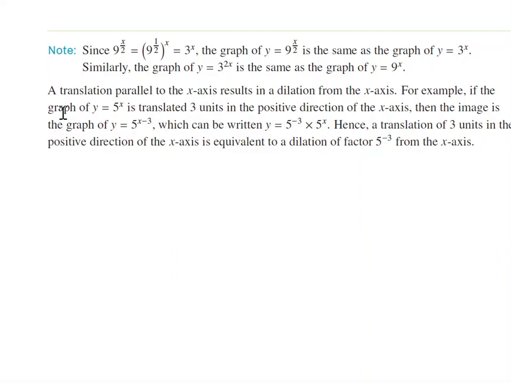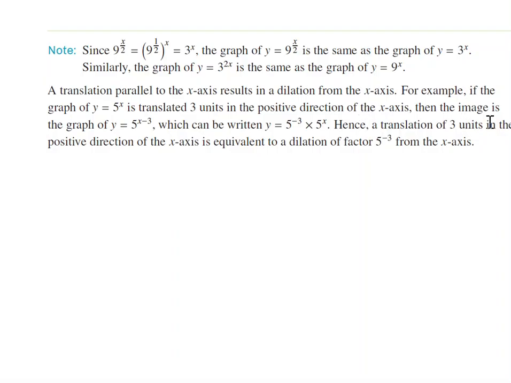But it's more this part here that's the more interesting bit. A translation parallel to the x-axis results in a dilation from the x-axis. So how can a translation actually be a dilation? For example, if the graph y equals 5 to the x is translated 3 units in the positive direction of the x-axis, then the image of the graph is the graph y equals 5 to the x minus 3, which can be written as 5 to the negative 3 times 5 to the x.